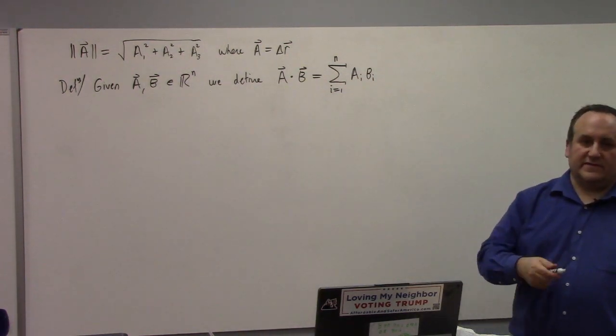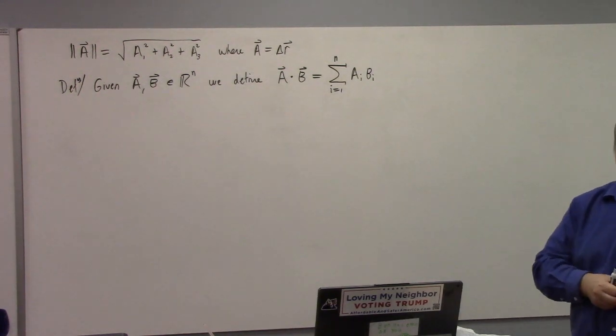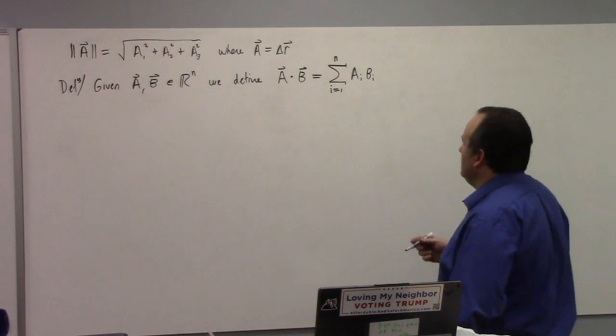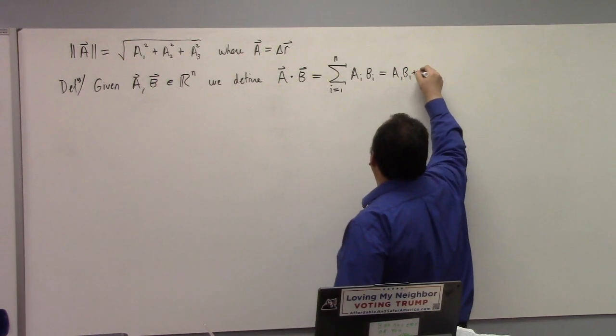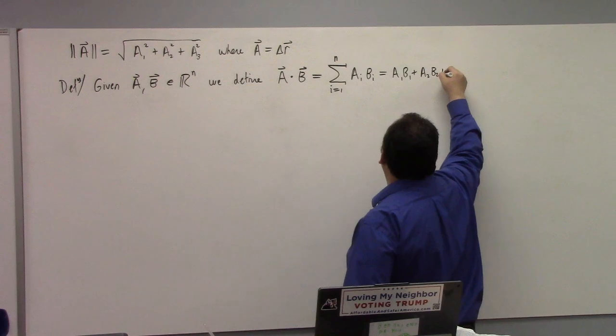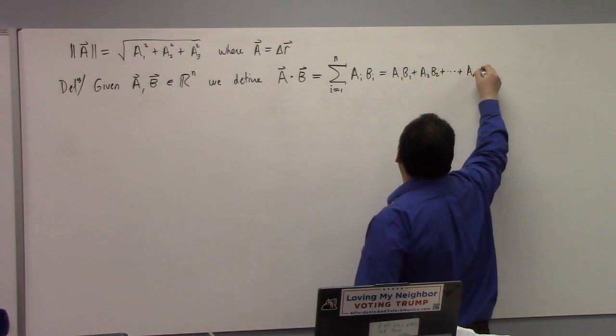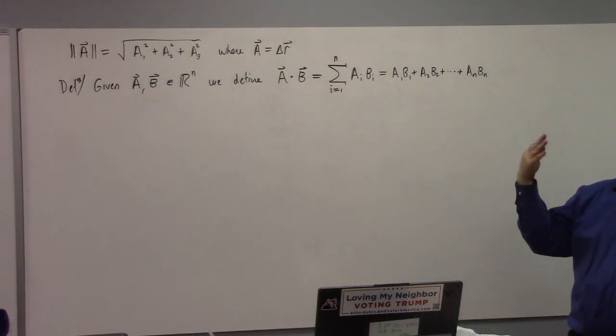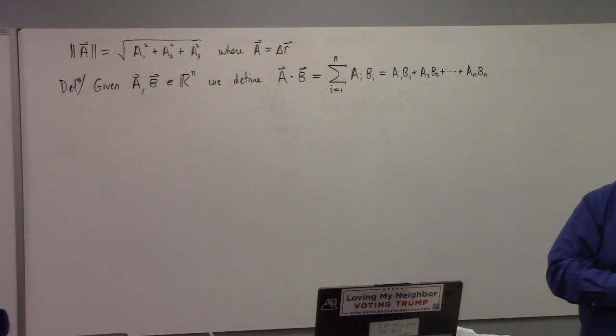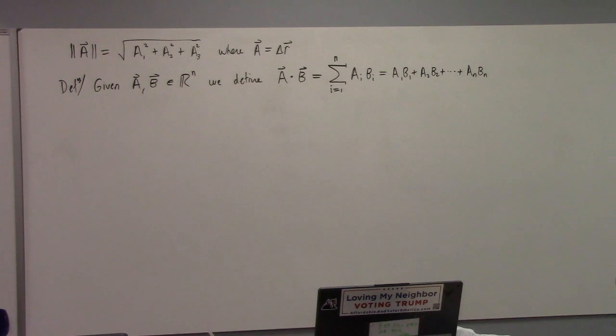This is the dot product of A and B. So this is just a notation for A1 B1 plus A2 B2 plus dot dot dot plus An Bn. If we're in 2 dimensions, there's just 2 terms. If we're in 3 dimensions, there's 3 terms. If we're in n dimensions, there are n terms.